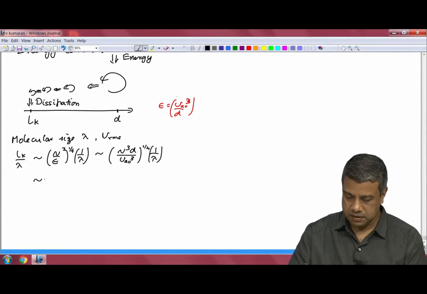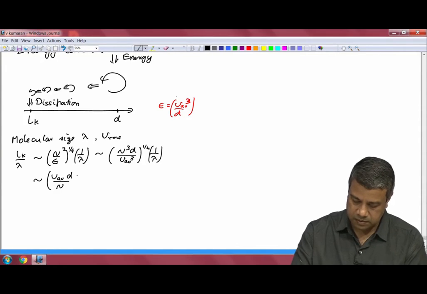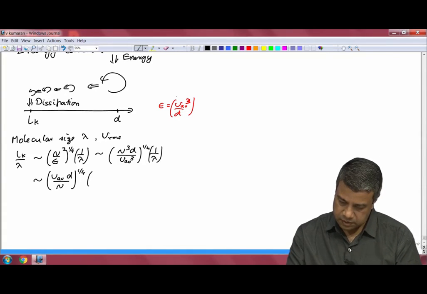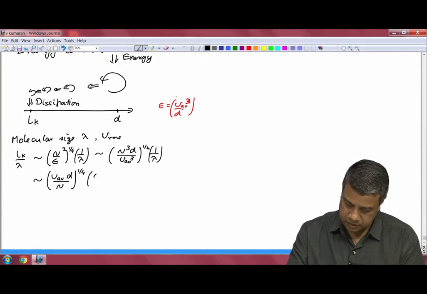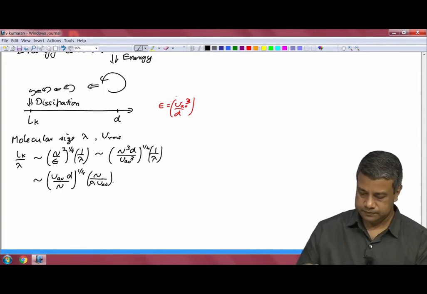So, I will write this as V_av d by nu whole power 1/4 into, I have a nu cubed, therefore I will get a nu by lambda and V_av.